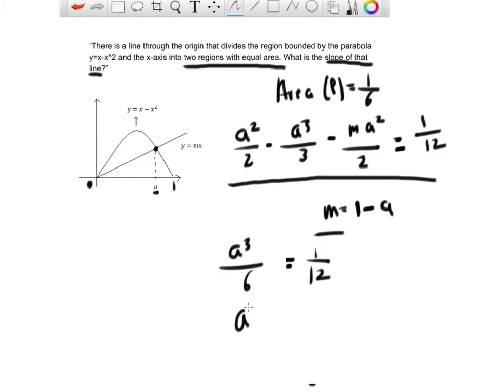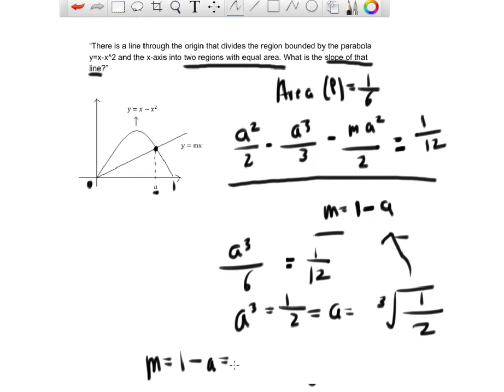And that means a cubed equals 1/2, and a equals the cube root of 1/2. And then it becomes really easy from there. We just plug a into this. And since m is what we're solving for, we're done. m equals 1 minus a equals 1 minus the cube root of 1/2, which is the answer.